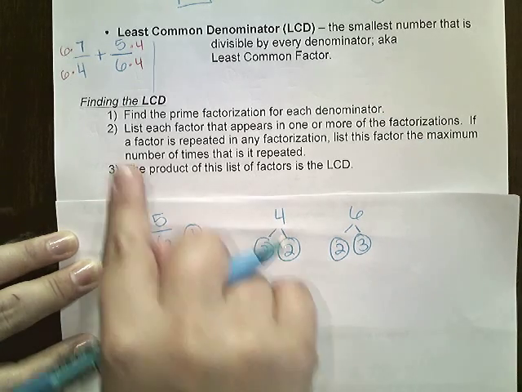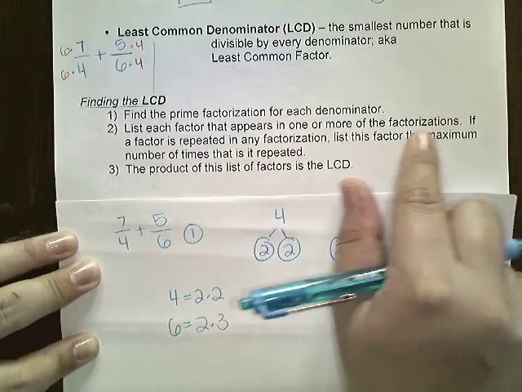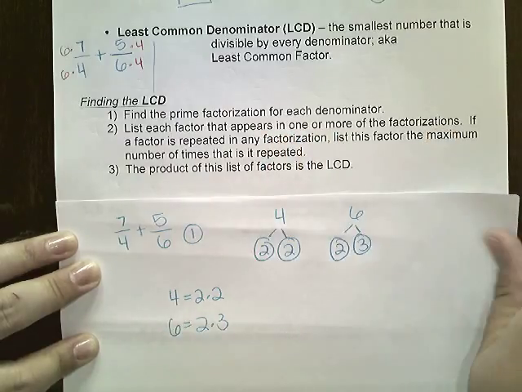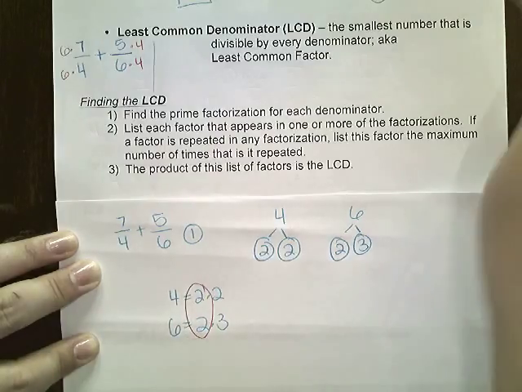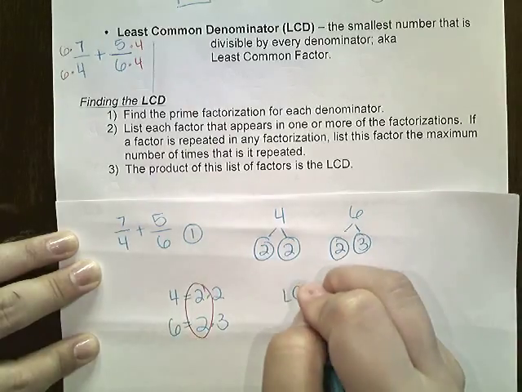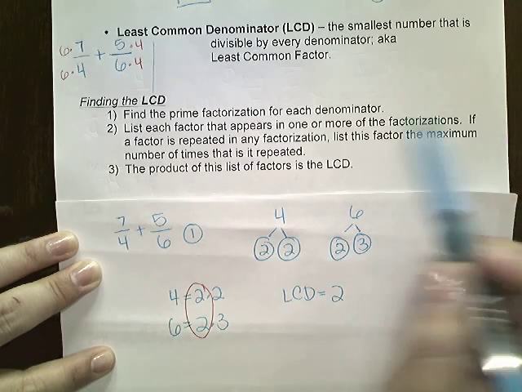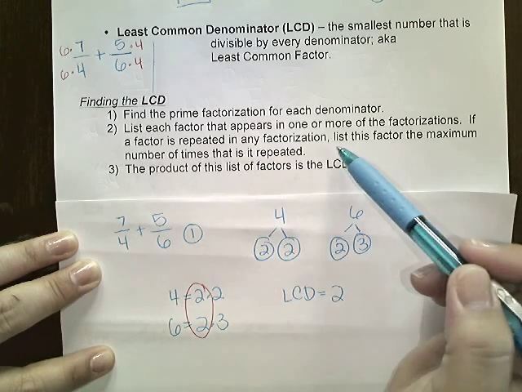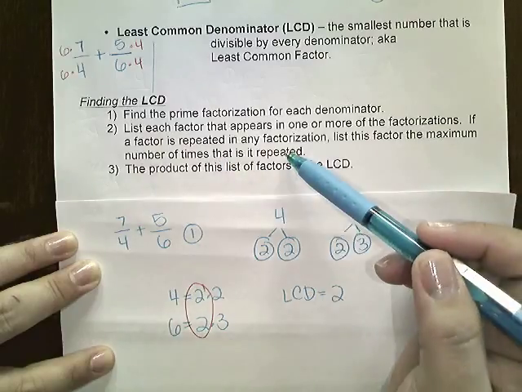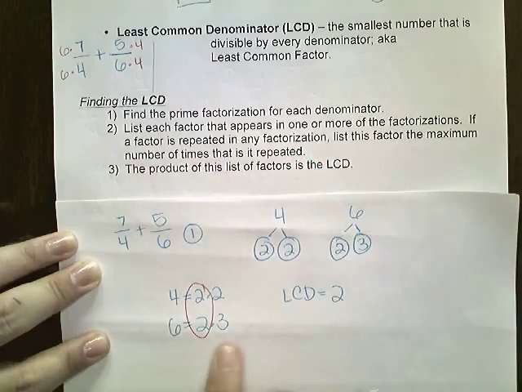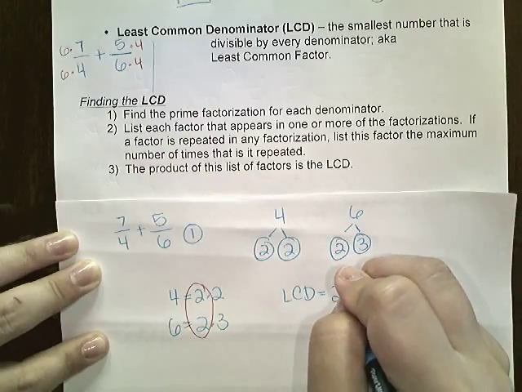Step number 2, list each factor that appears in one or more of the factorizations. In other words, we look at this and we see that 2 appears in both of them. So I'm going to list that as part of our LCD, 2. If a factor is repeated in any factorization, list this factor the maximum number of times that it's repeated. So we know that the 2 happens. We also have another 2 in here.